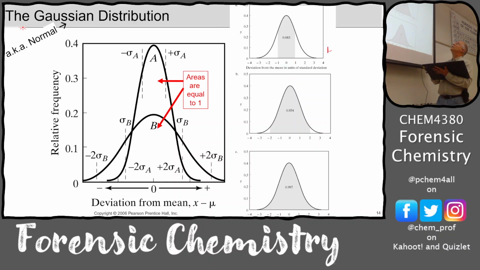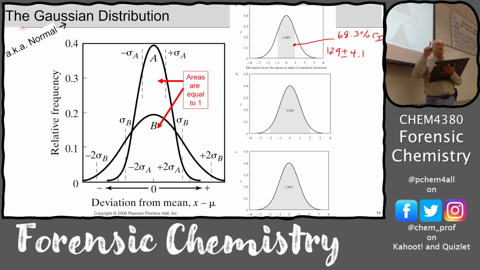So when we said it was 129 plus or minus 4.1, that is this one here. It's 68.3% confidence. That's our 68.3% confidence interval when we use plus or minus 1 standard deviation.